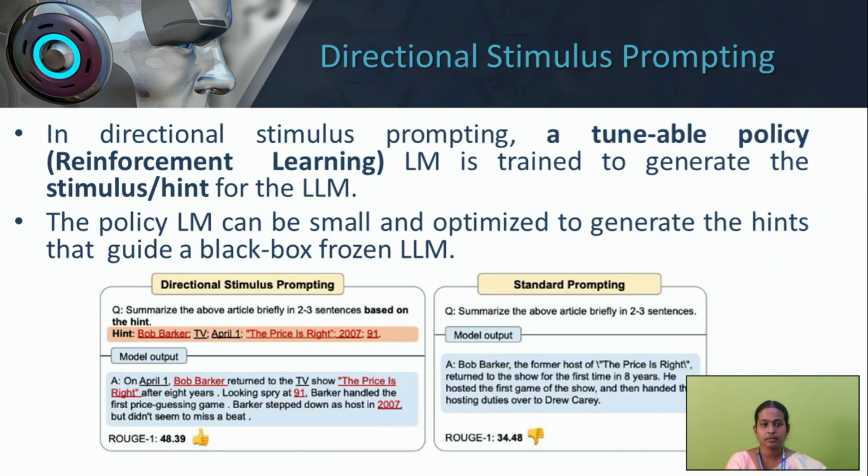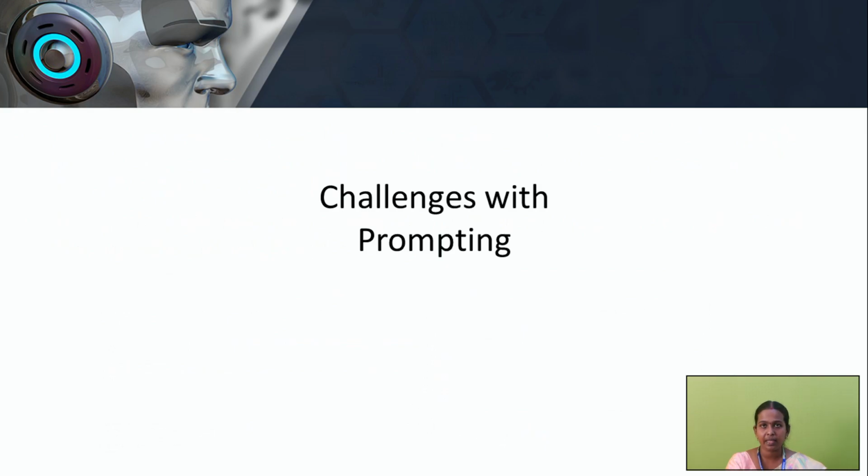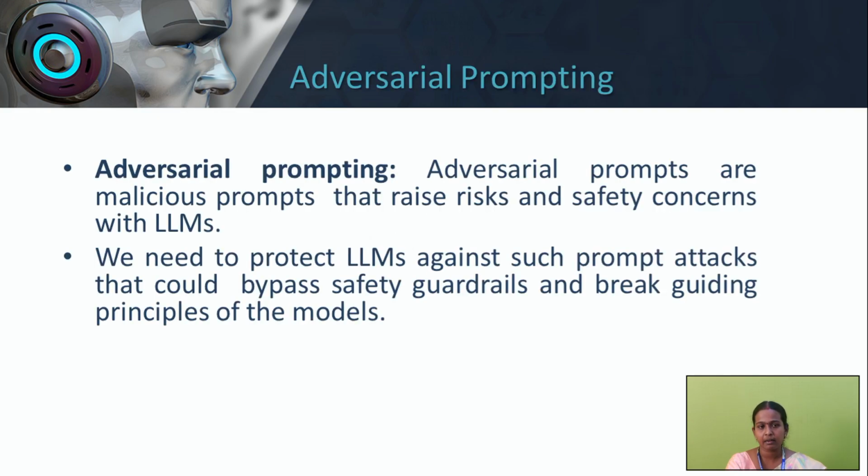So next one is challenges in prompting. We have seen some basic methods of prompting techniques, which is nothing but questioning the machine. The challenge with prompting techniques is adversarial prompting. Humans may influence the system by giving wrong information to it.